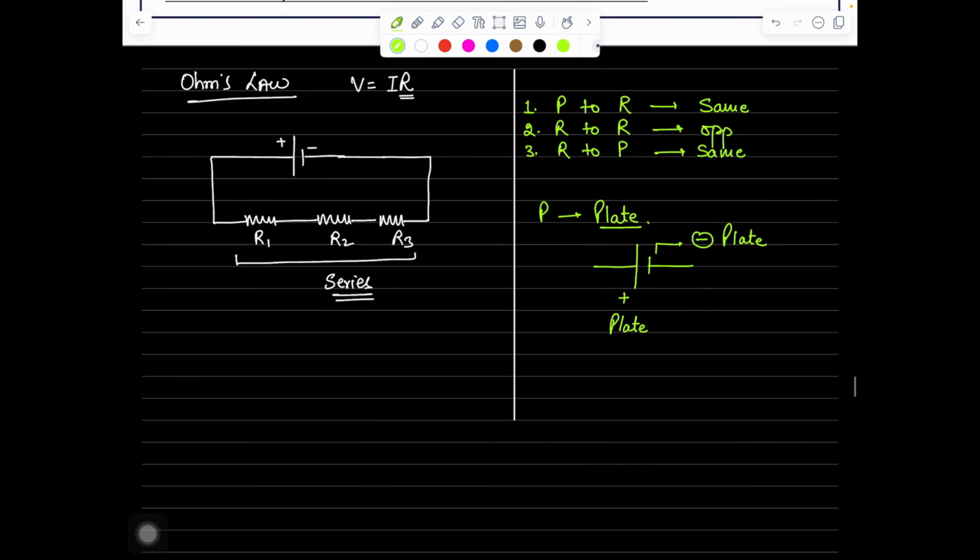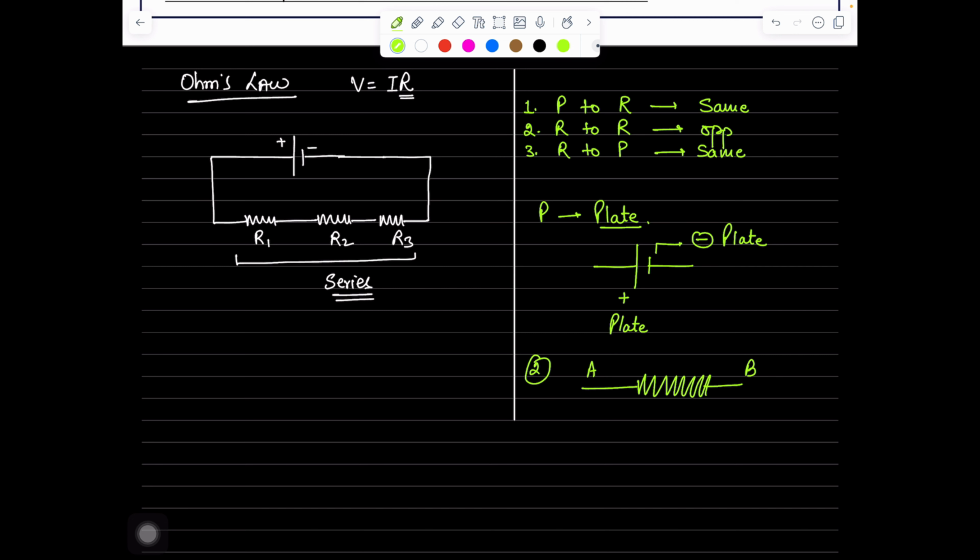Second point, resistor. Whenever you draw a resistor, it is like this. There are two ends: this is your end A, this is your end B. So these are going to connect.